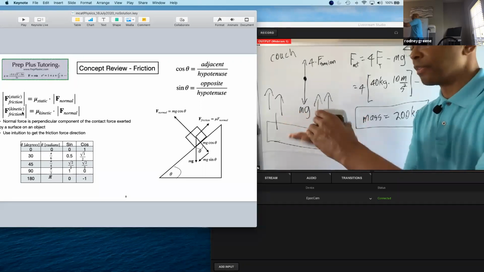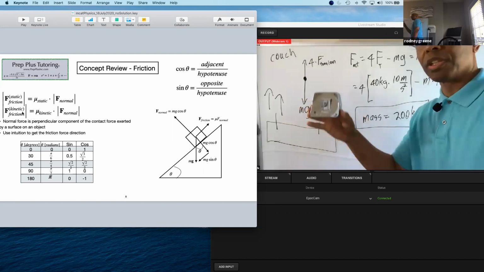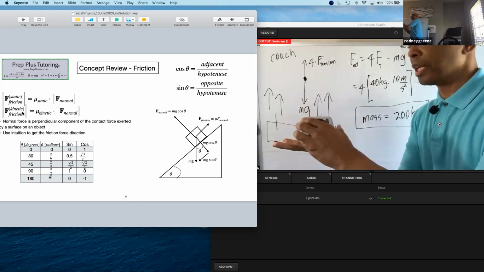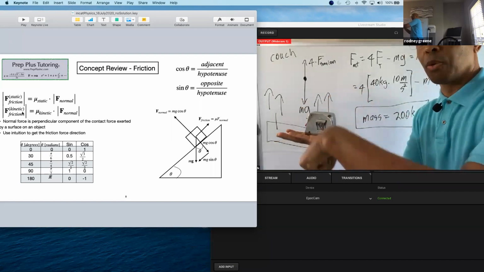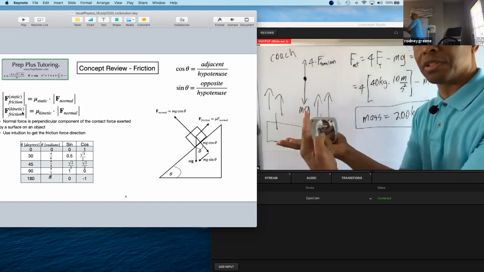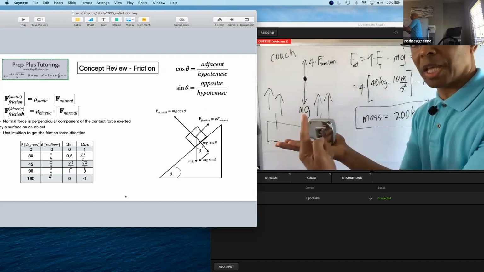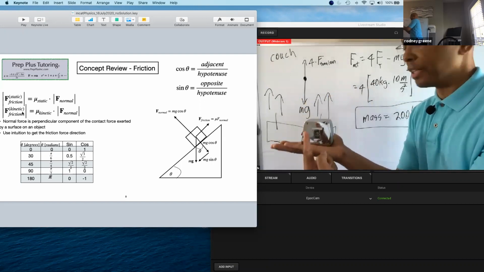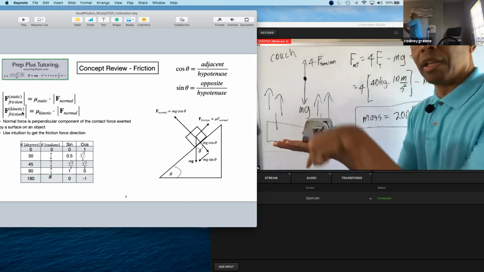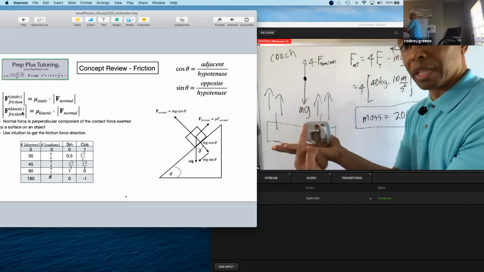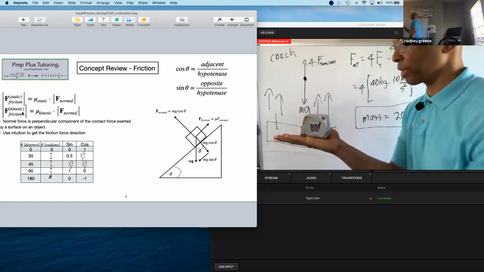Otherwise it would just be in space, but it's sitting on a tabletop. Its weight is going down, and the tabletop is pushing up on it. So this is the normal force. In this example, it's exactly counteracting the force of gravity pulling it down. So the normal force actually is the weight of this object.